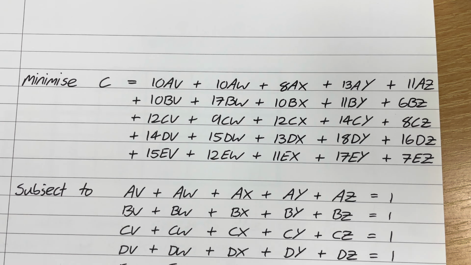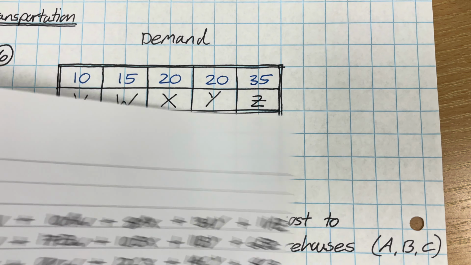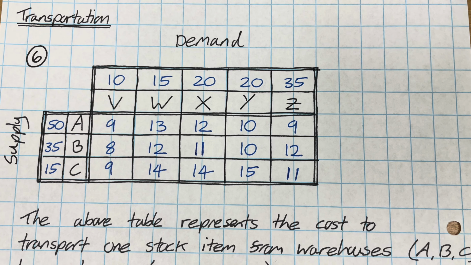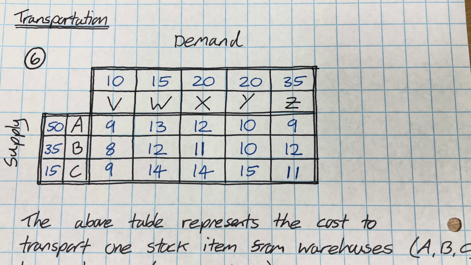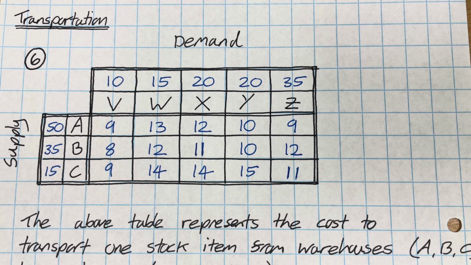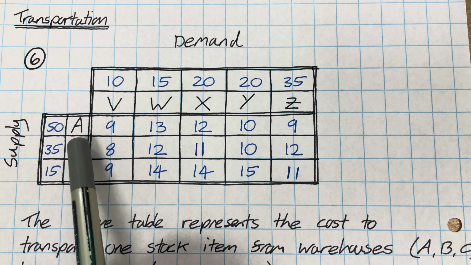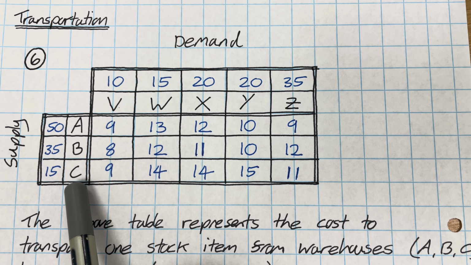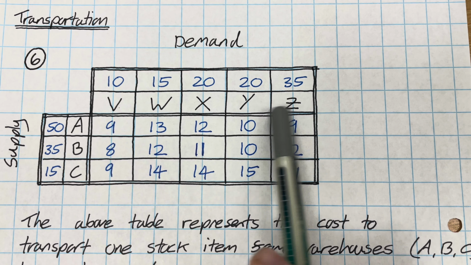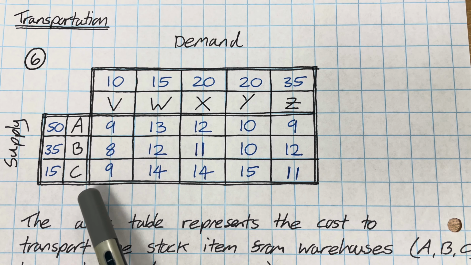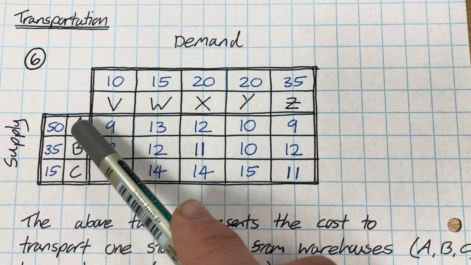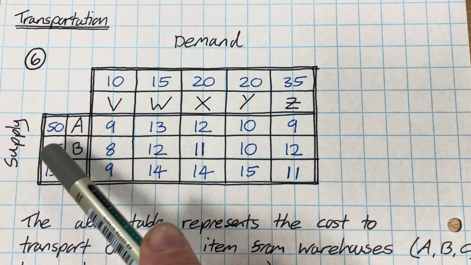And finally, we have the most complicated of them all, which is the transportations problem. A transportations problem is one where we have, let's say, 3 supply warehouses and 5 shops, and we have a certain amount of stock at each warehouse. So there's a weighting assigned to each node.